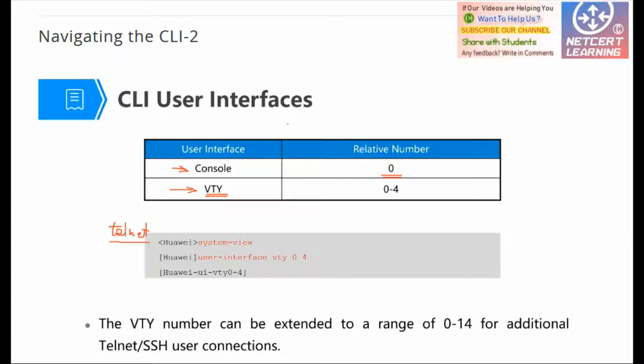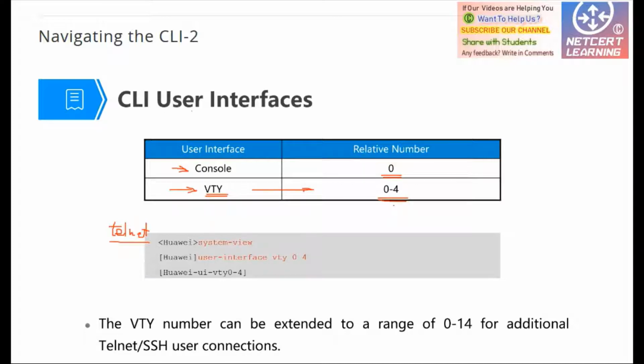And the VTY is different. You can Telnet to the device, and many users can Telnet to the device at the same time. Usually there are at least 5 VTY lines, VTY user interfaces, on the device.